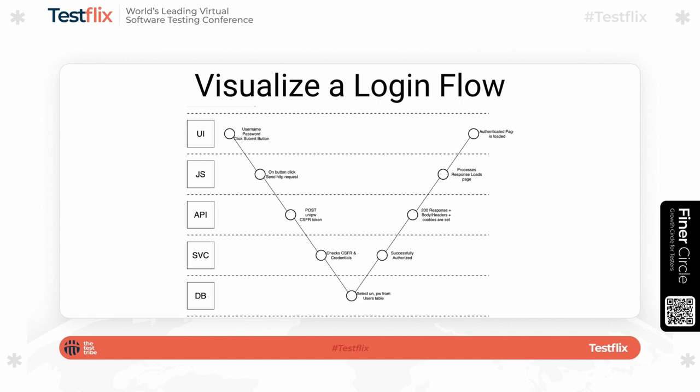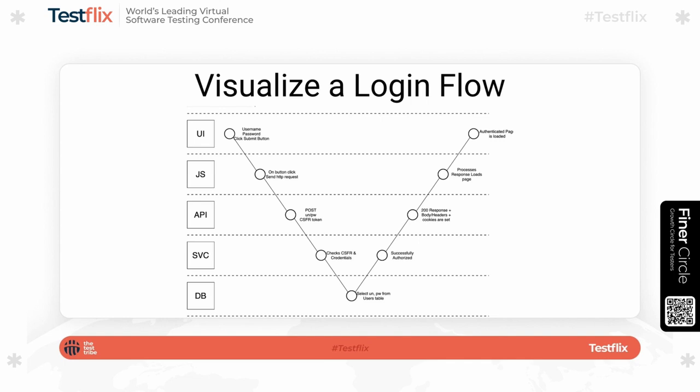And really where we're going to focus in my talk today is in between the UI and the database, right? So our UI and API and database, we're going to be manipulating and sniffing out different things with the API, utilizing Playwright and showing you some different things that can be used there.